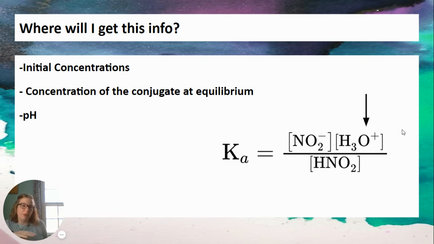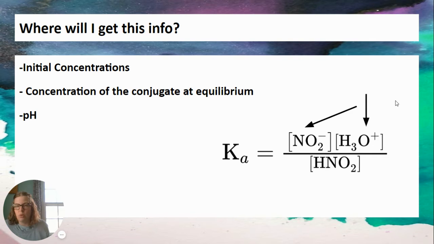If they give you the pH, you can find your H3O+ concentration, and then that is equal to NO2-. That's the X, so X squared is going to be your top part. In the problem, they will more than likely give you the initial concentration, and then you have to work to figure out the concentration of X and recognize that X is equal to both of those values.